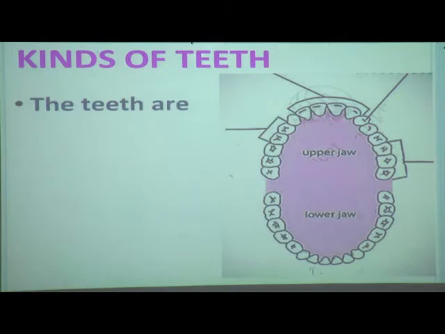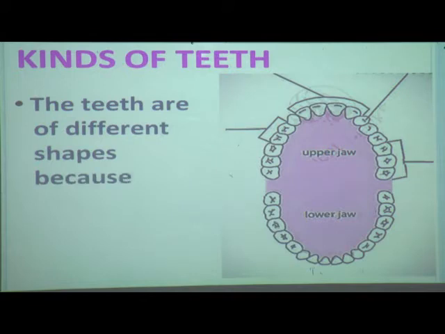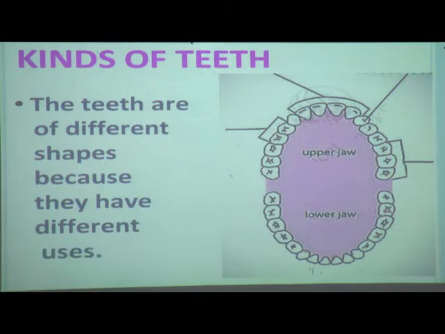Now we will see what the kinds of teeth are. The teeth are of different shapes because they have different uses. You can see on the board, in the upper jaw and in the lower jaw. Now we will see the different kinds of teeth and their uses.